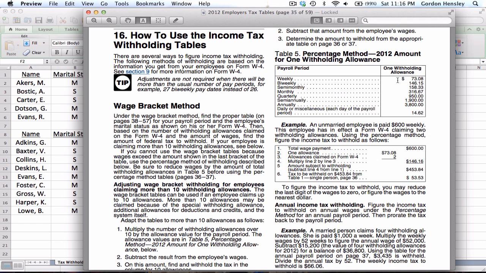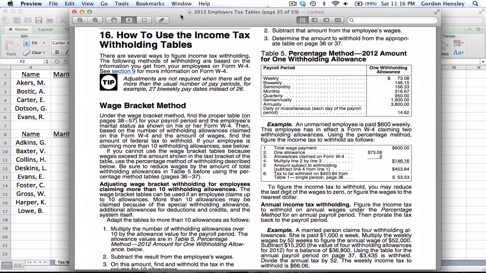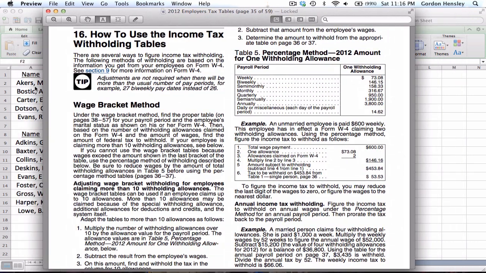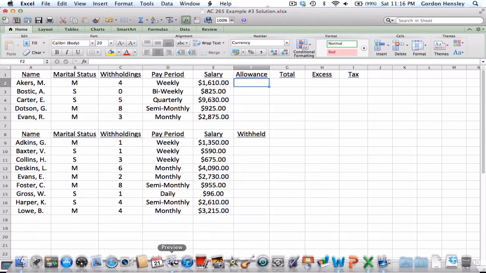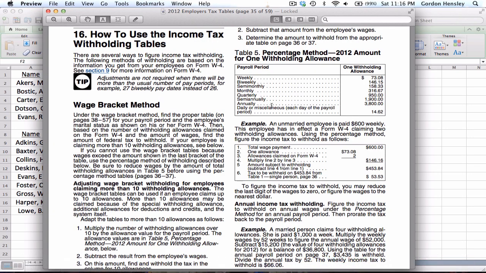So for example, I have a person here, the very first person in the problem, M. Akers, marital status married, but right now I'm mostly interested in the pay period. This person has a weekly pay period. So right here for allowance, I need to know the amount for one allowance for weekly pay period.